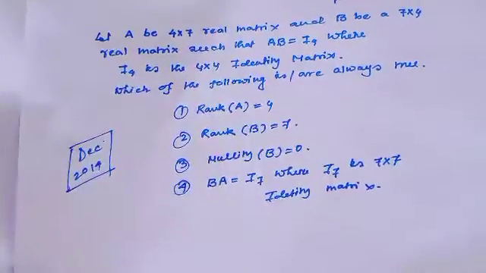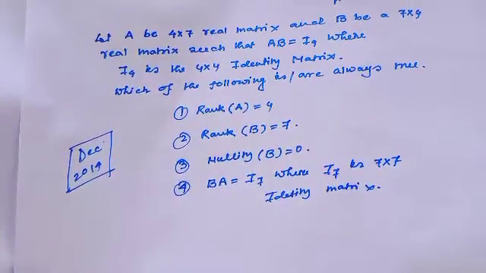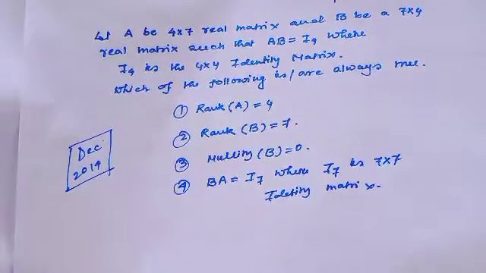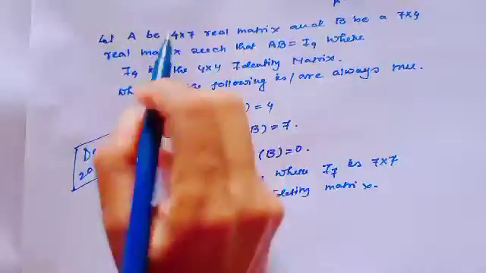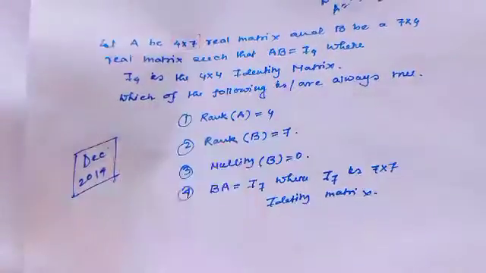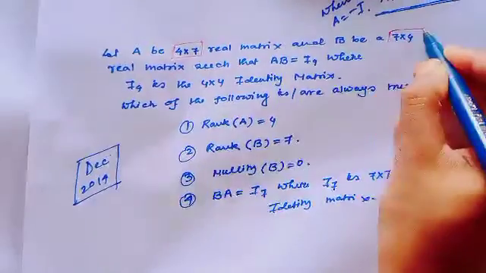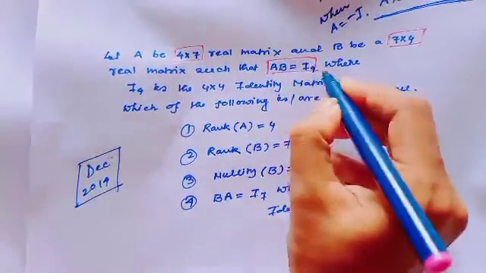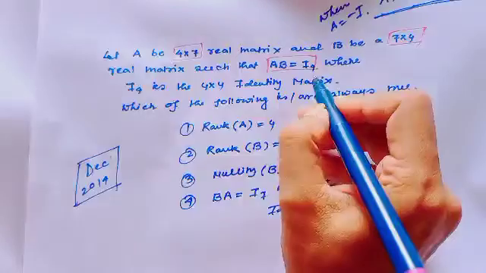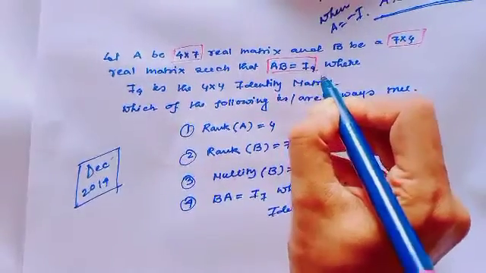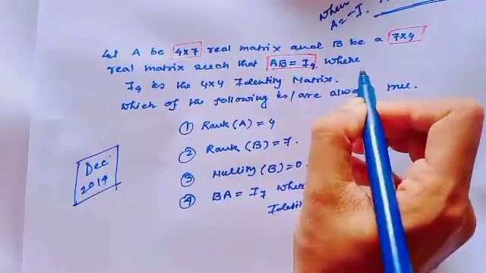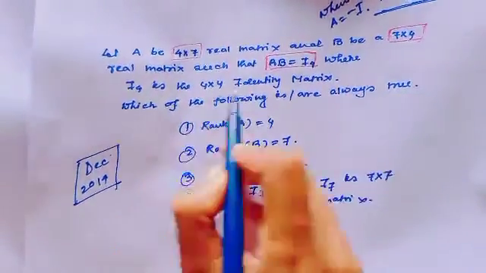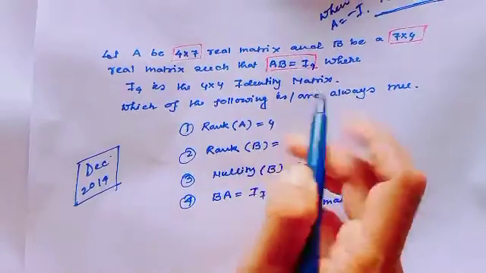Now I will discuss one question which also came in the December 2014 exam. The question is: A is a 4 cross 7 matrix and B is a 7 cross 4 matrix such that AB equals identity matrix, that is AB equals I4, meaning AB is a 4 cross 4 matrix, where I4 is the 4 cross 4 identity matrix.